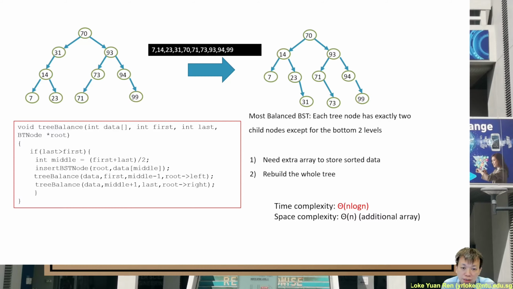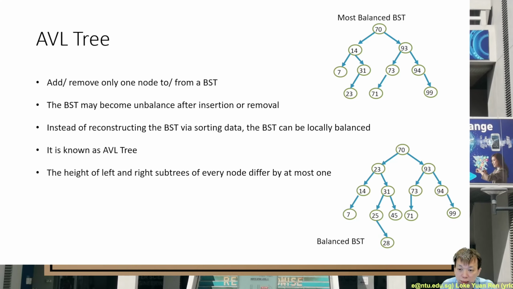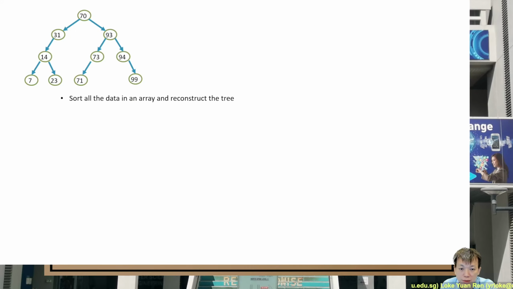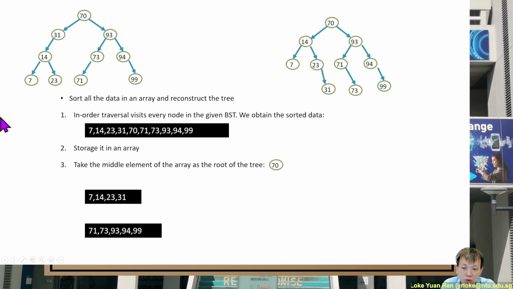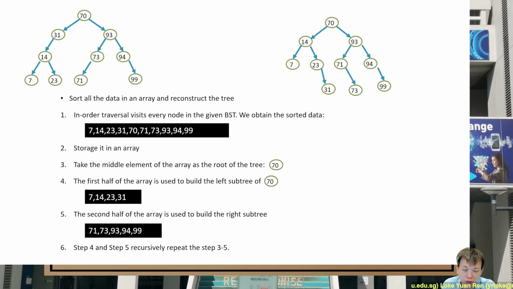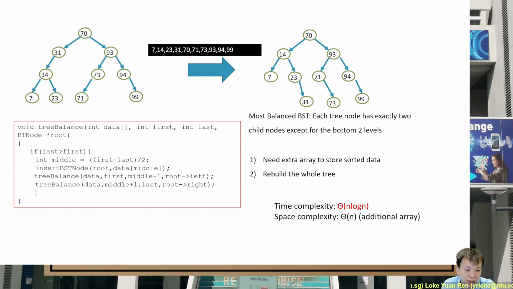And to construct this most balanced binary search tree, I need to do the in order traversal, and I need an additional array to store the in order traversal result. This will cost additional big theta n in space complexity.